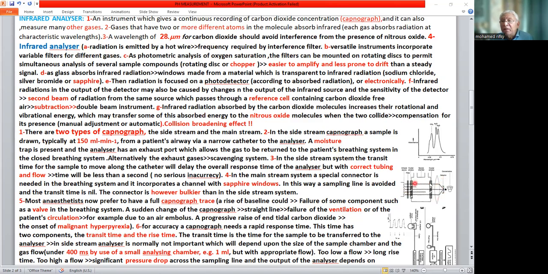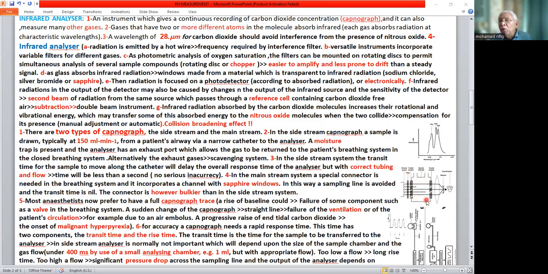How does this apparatus work? There is an emitting light going through a chamber, and we have a filter to control the wavelengths. This chamber, of course, contains the CO2 that I want to measure. This chamber must be made of sodium chloride or sodium bromide, or it can be made of a material called sapphire.